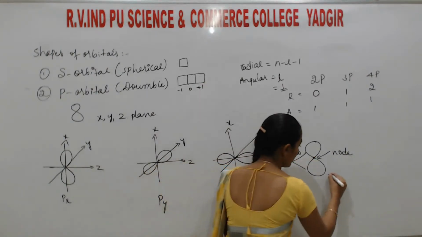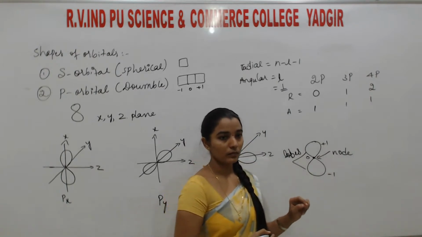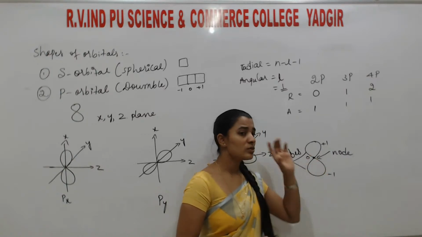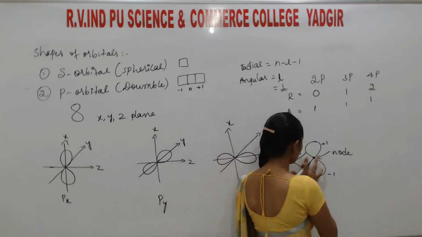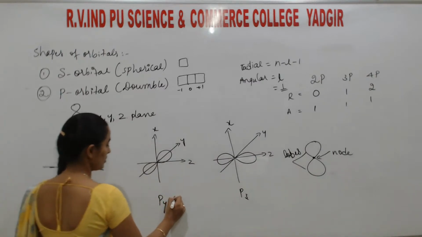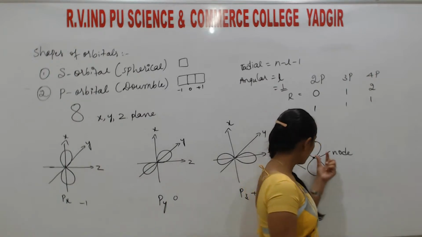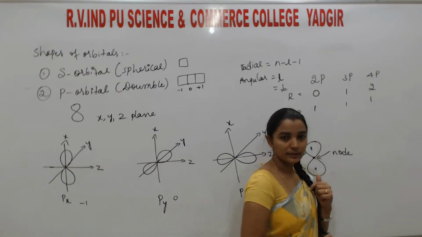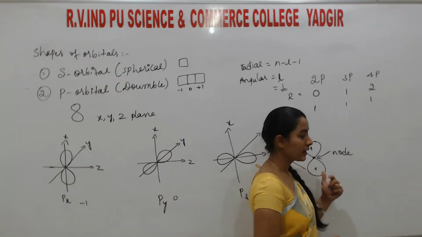This is below the plane, -1, this is 0, this is +1. Almost, the electron density at the node point is very low; they cannot be present there. These two lobes are where the electrons are exactly present.